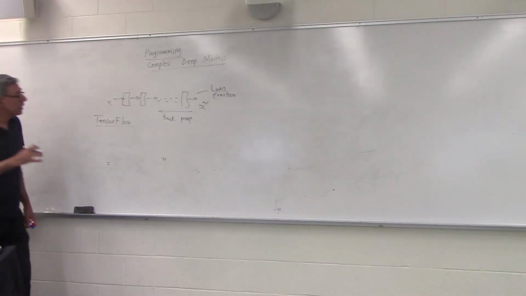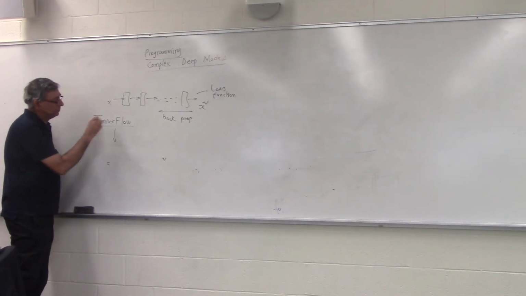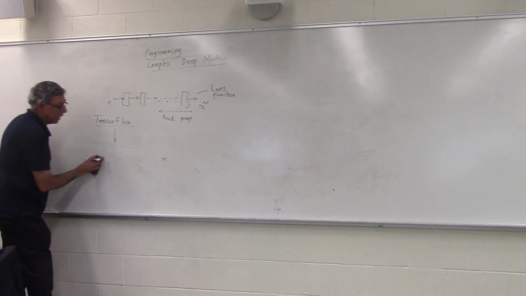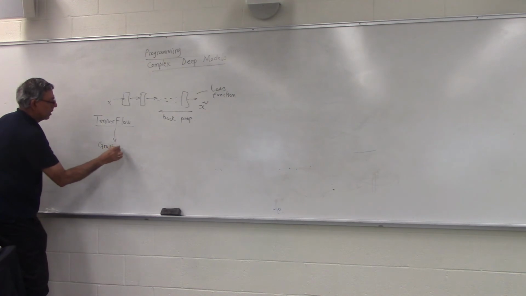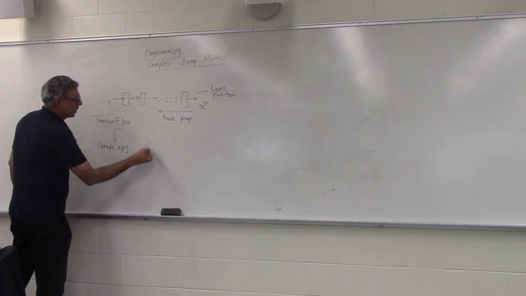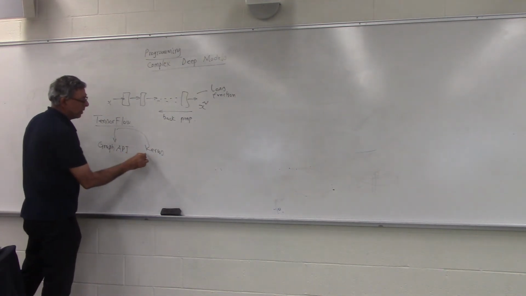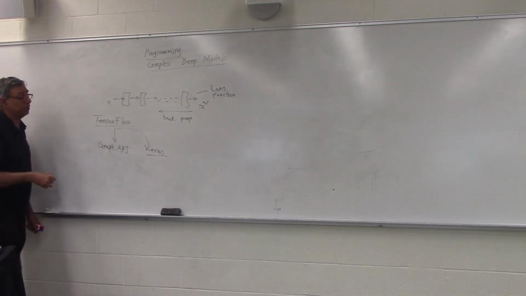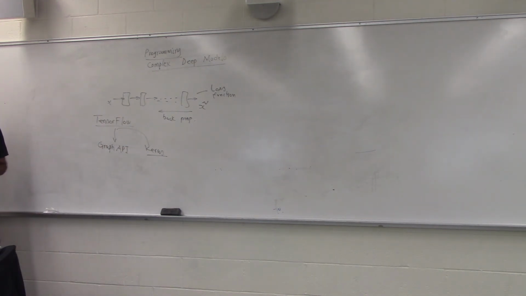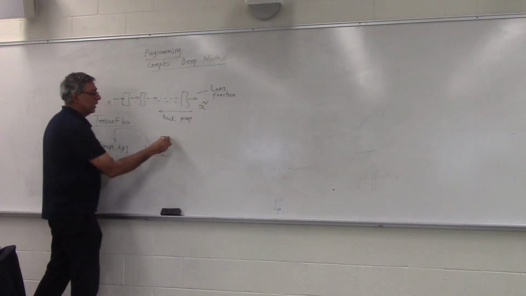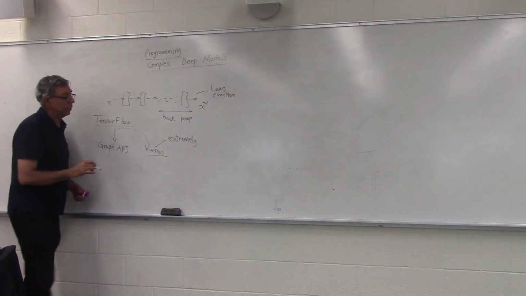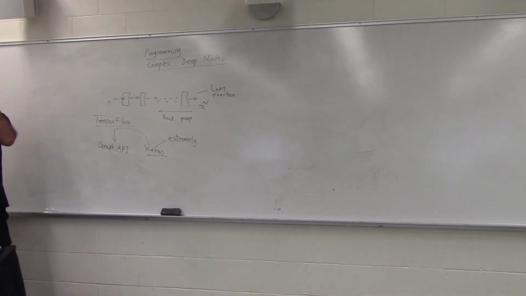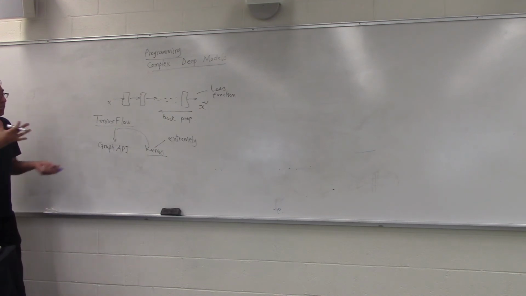TensorFlow has a couple of ways to program it. One is called the Graph API, and one is a high-level library, Keras, which is built on top of the Graph API. Keras is extremely easy. Even non-technical people these days are using Keras as long as you know how to set it up, feed the data, train it, and test it.